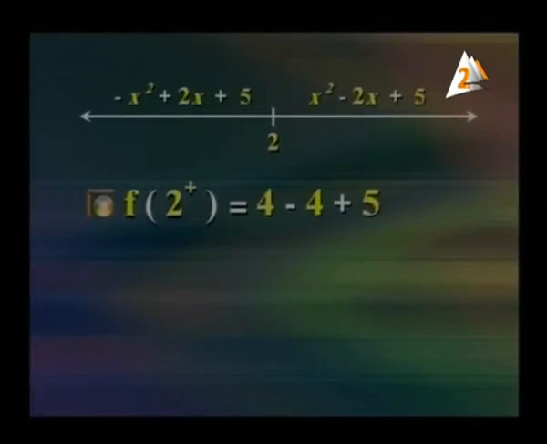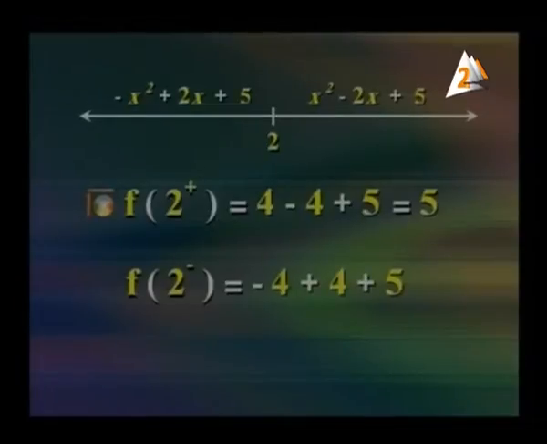When x is smaller than 2, f of x equals negative x squared plus 2x plus 5. To find f of 2 positive, substitution about x equals 2, then 4 minus 4 plus 5 equals 5. f of 2 negative, substitution about x equals 2 in the left function, negative 4 plus 4 plus 5 equals also 5.